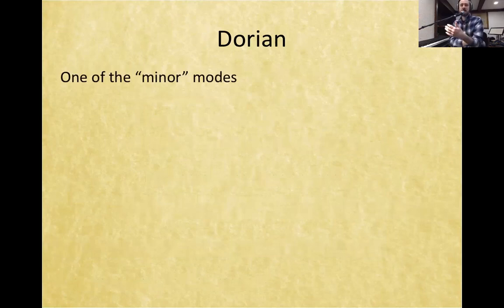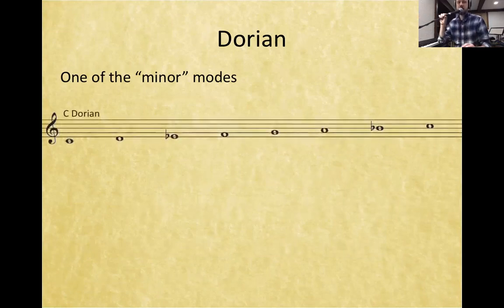And all I mean by that is that it's closer to a natural minor scale than it is to a major scale. And so when we're conceptualizing this scale, we want to take the minor on any given tonic and make the adjustment from there to get Dorian. So let's get an example there. So this is the C Dorian scale.